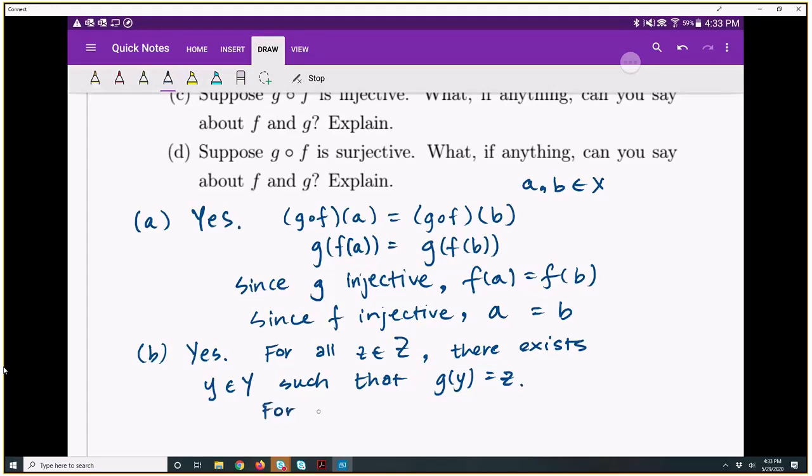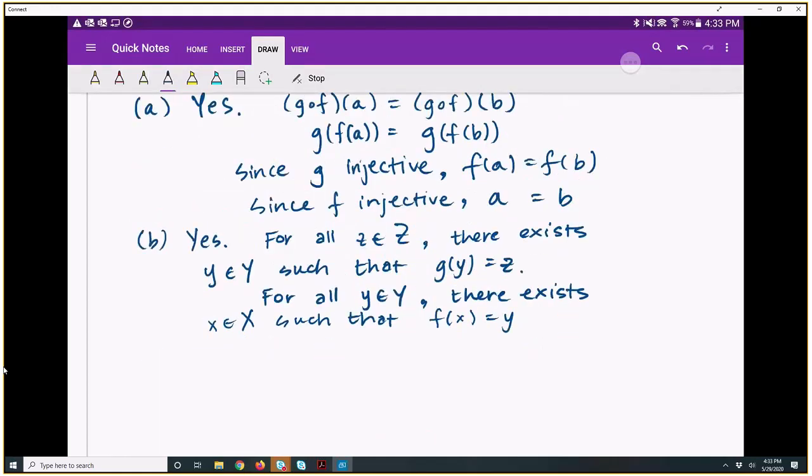And for all little y in the codomain of f, there exists a little x in the domain of f that maps to little y. That's the definition of f being surjective.